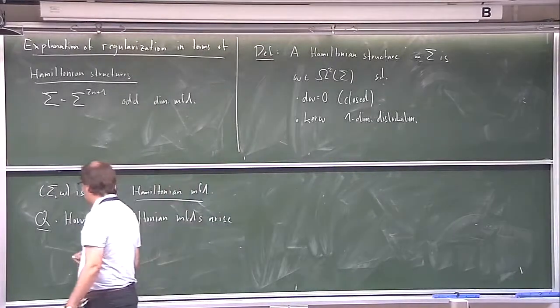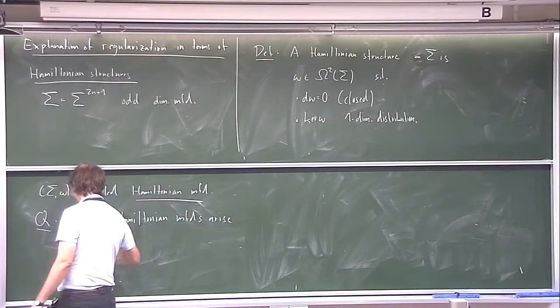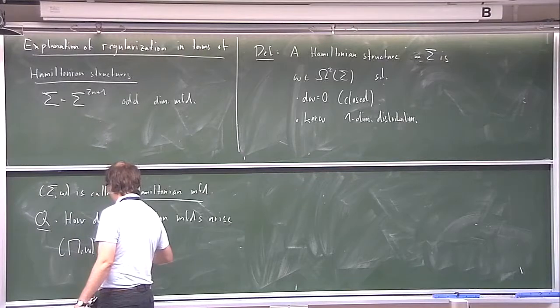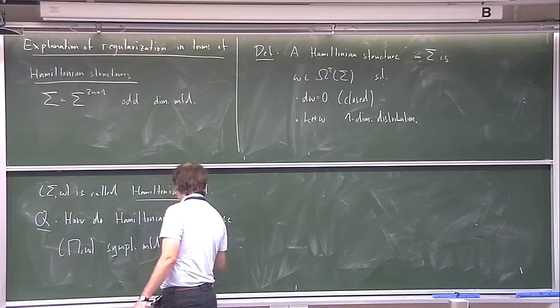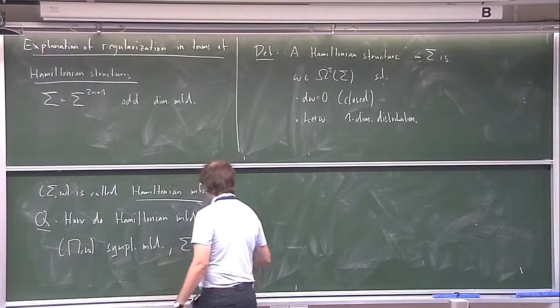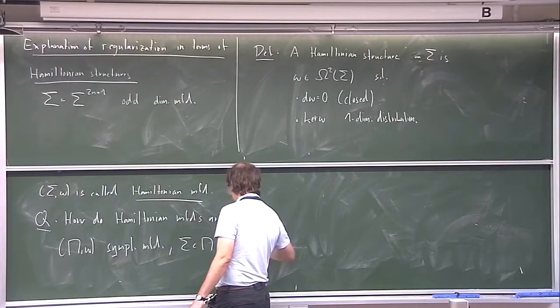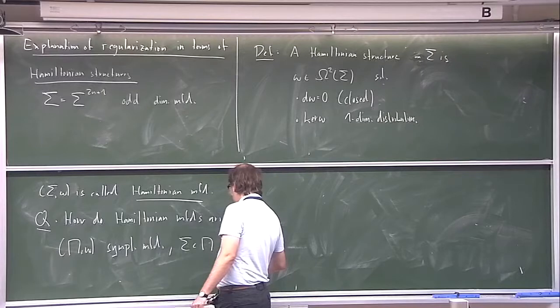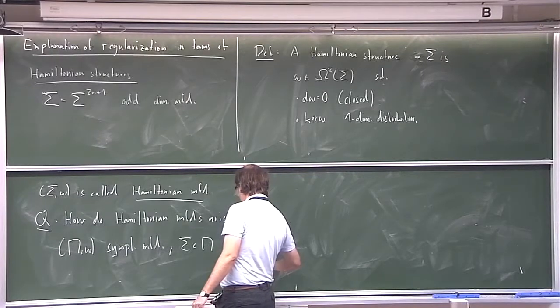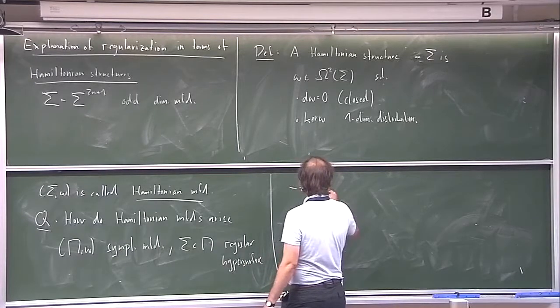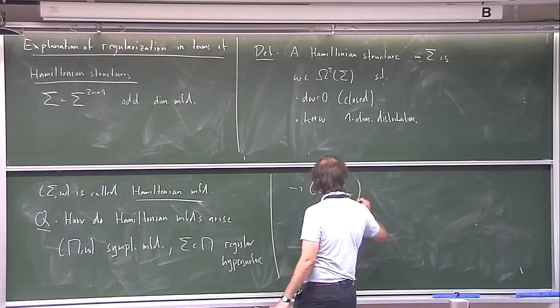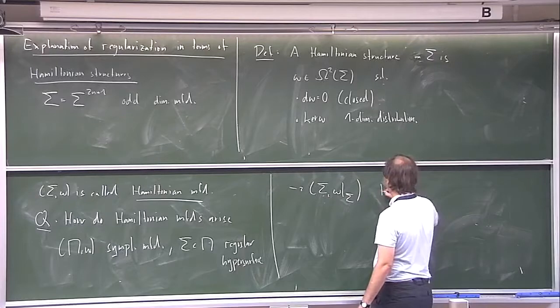You have (M, omega), a symplectic manifold, and you have sigma in M, a regular hypersurface. Then we have that (sigma, omega restricted to sigma) is a Hamiltonian manifold.